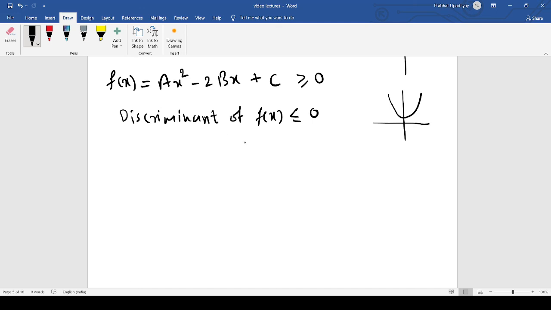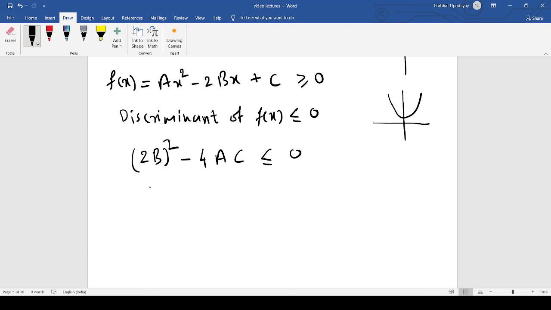And what is the discriminant of f of x? It is the square of the coefficient of x, that is 2B square, minus 4 times the coefficient of x square into the constant, that is A C, and it is less than or equal to 0.